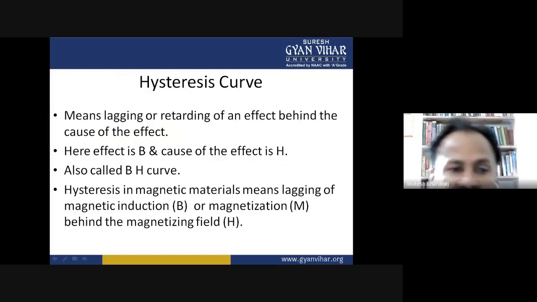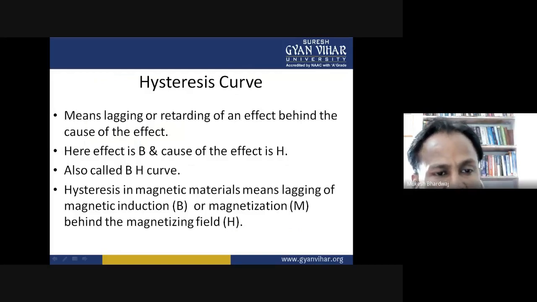Here the effect is magnetic flux density and the cause is magnetic field intensity, also called the BH curve. Hysteresis in magnetic material means lagging of magnetic induction or magnetization behind the magnetizing field or intensity.